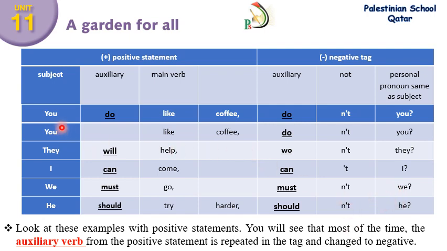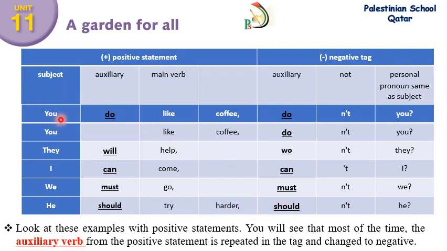Now, you do like coffee, don't you? You like coffee, don't you? They will help, won't they? I can come, can't I? We must go, mustn't we? He should try harder, shouldn't he?